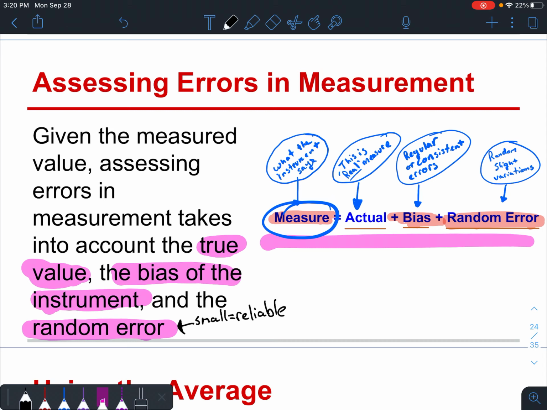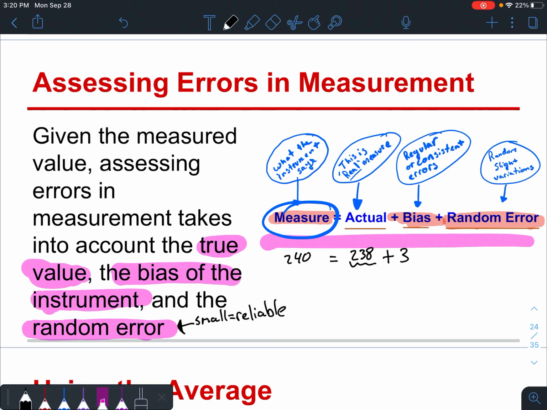Small is reliable. So let's just say I stepped on the scale and it said 240 pounds. My actual weight, not entirely sure what that is. Let's just say 238 is my actual weight. Now my scale has a 3 pound bias.